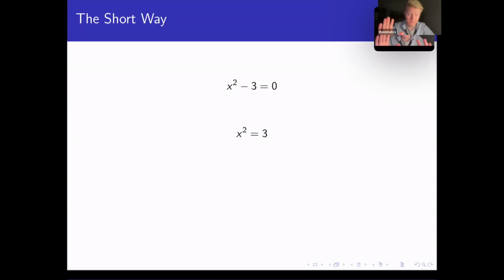Again, however, when you take the square root of both sides, you need to pick up a plus and minus. So the square root of x squared undoes the squared, but on the other side, you need to get plus and minus. That is really, really important. It's quicker and a little easier to picture.